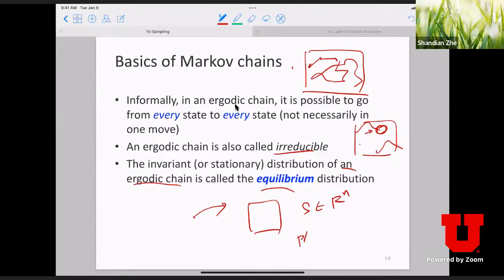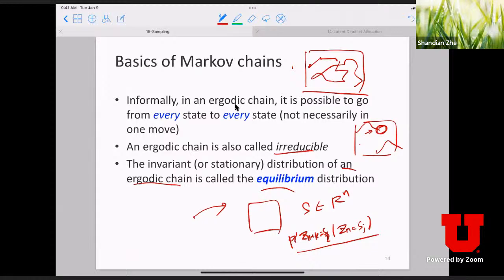Given Zn at some state Si and Zn plus k at another state Sj, what's this probability?